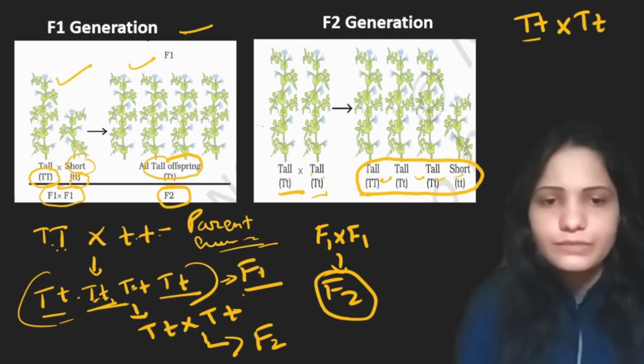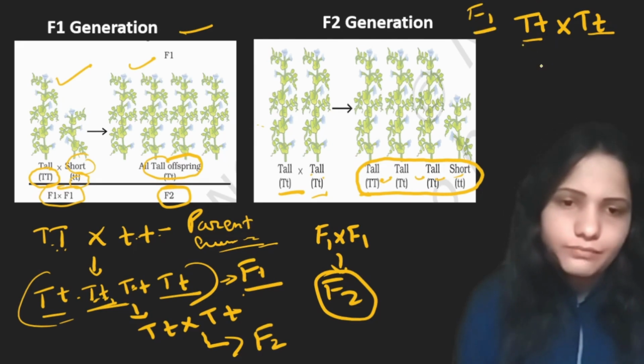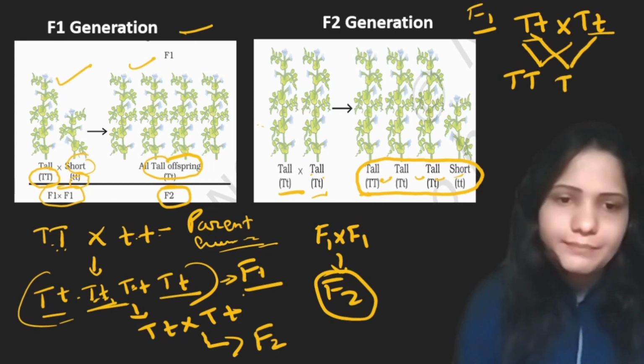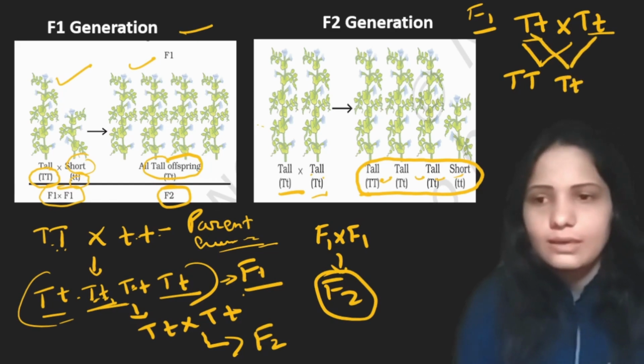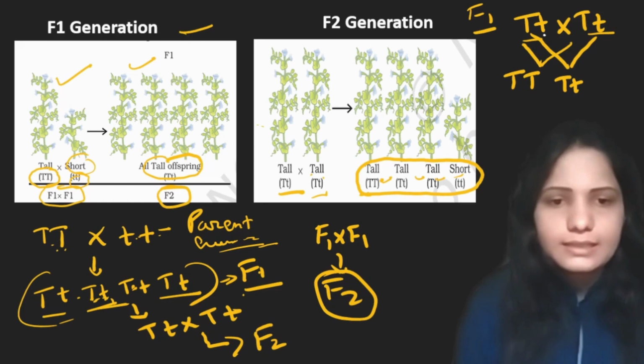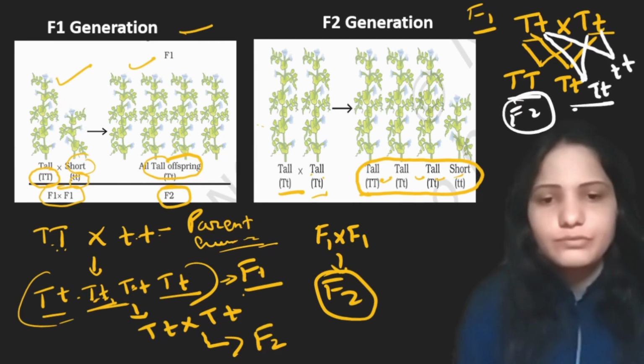We made a cross between these F1 generation offspring, and that's how we got them. Capital T, capital T. Next, this capital T, small t. Okay, let me change the color. Next here we have this. Okay, capital T, small t, then this small t. Okay, this is our F2 generation.